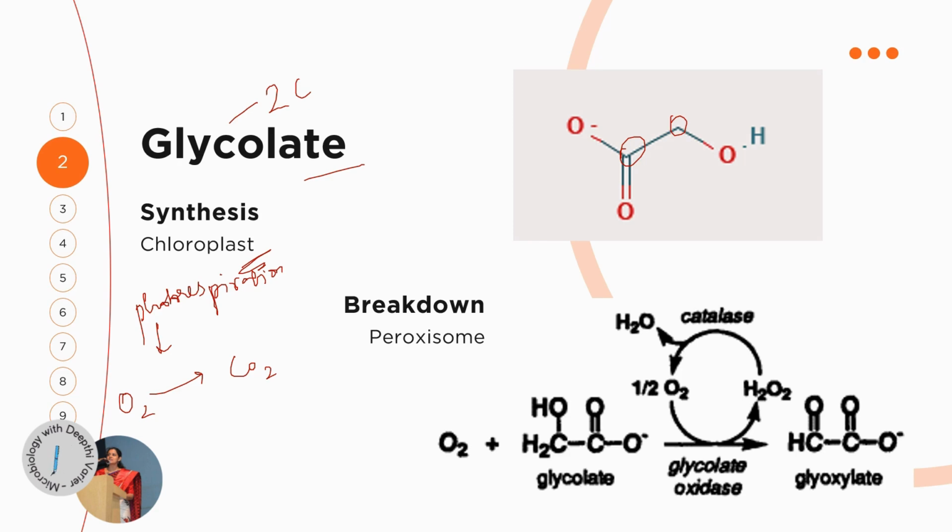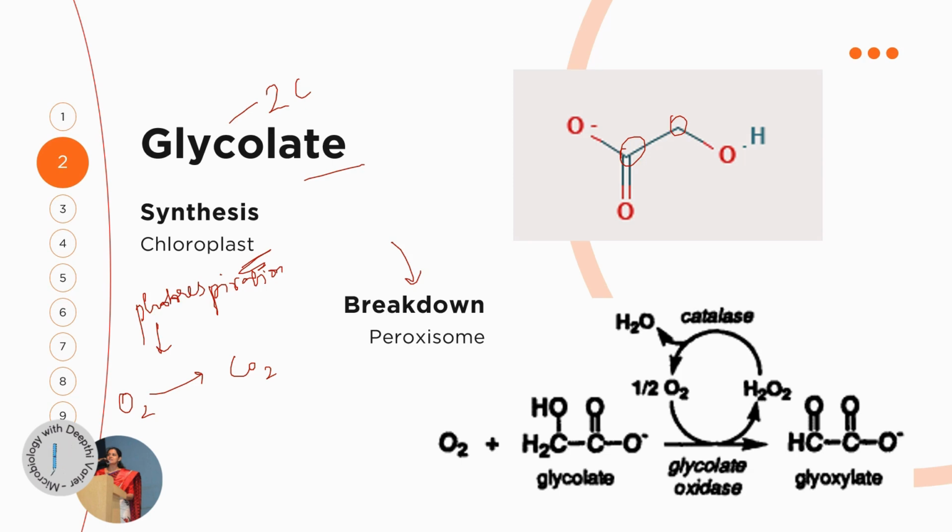Now, during photorespiration, glycolate is being synthesized. So 2-phosphoglycolate, that's written as 2-PG, is converted to glycolate in the chloroplast stroma, and that glycolate is then subsequently transported to the peroxisome, like you can see over here, to be broken down and oxidized to glyoxylate.